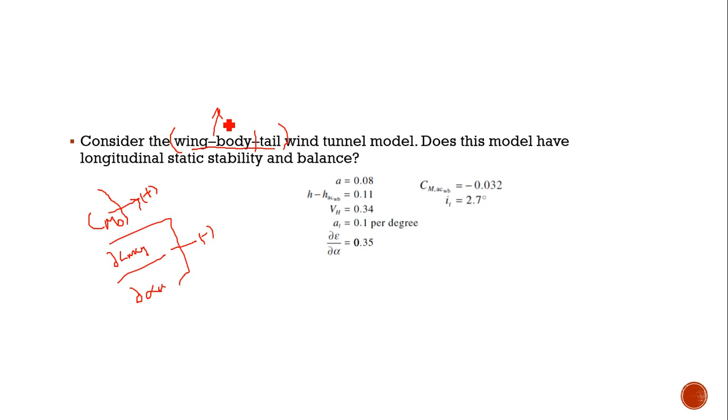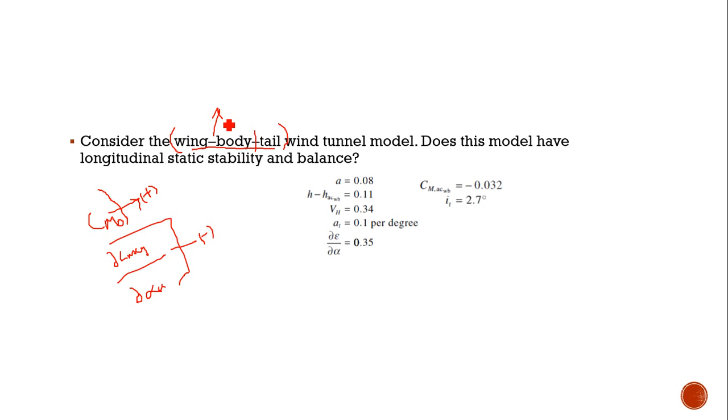We have seen formulas separately for wing body combination and for tail, and also the combined formulas for wing body and tail.